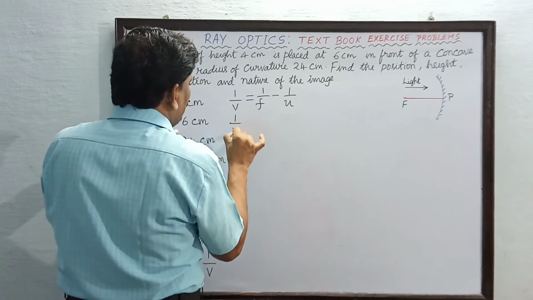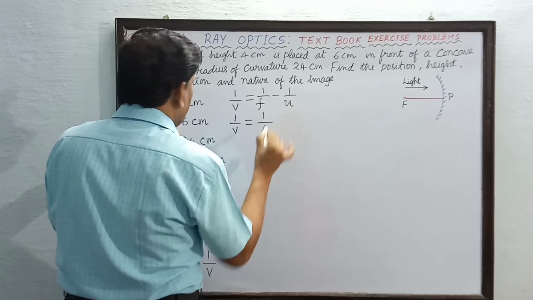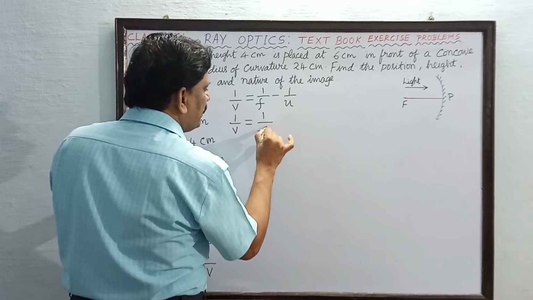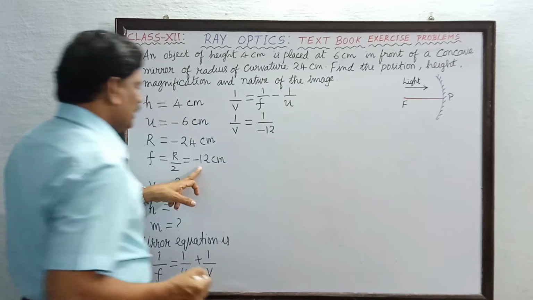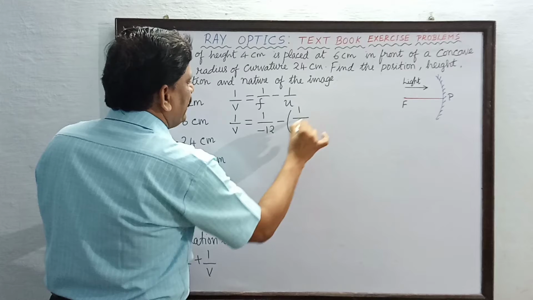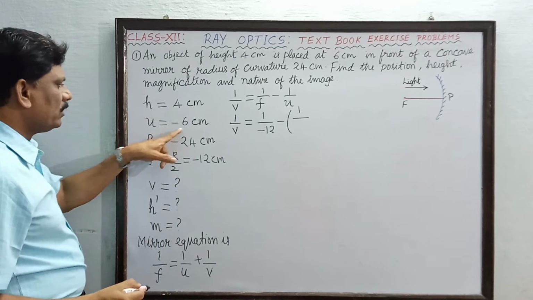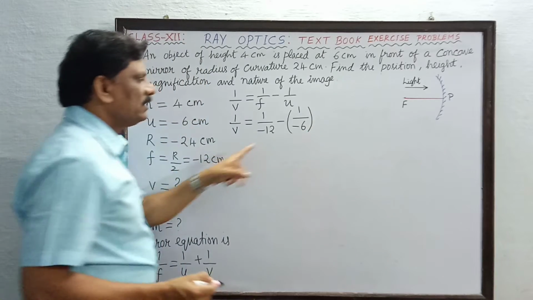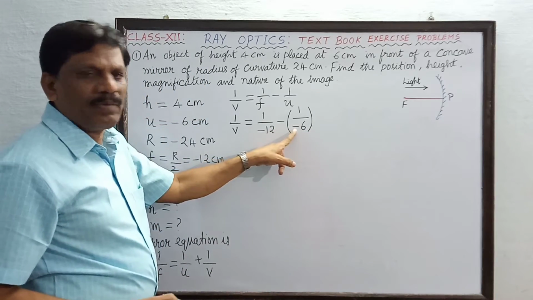So 1 by v is now equal to 1 divided by f, which is minus 12, and minus of 1 divided by u, which is minus 6. So minus of minus will become plus.